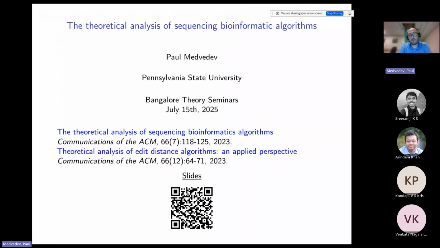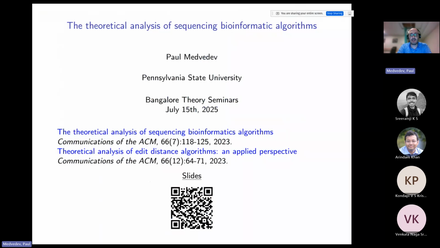Yeah, so I'm not a theoretical computer scientist. I work in computational biology or bioinformatics. But as far as that field goes, I work more on the theoretical side, and a lot of the techniques that I use are the same techniques that basic theoretical computer science uses.